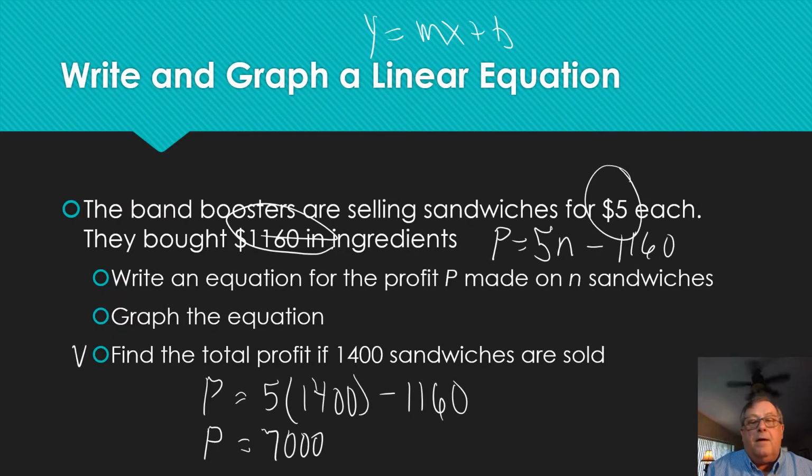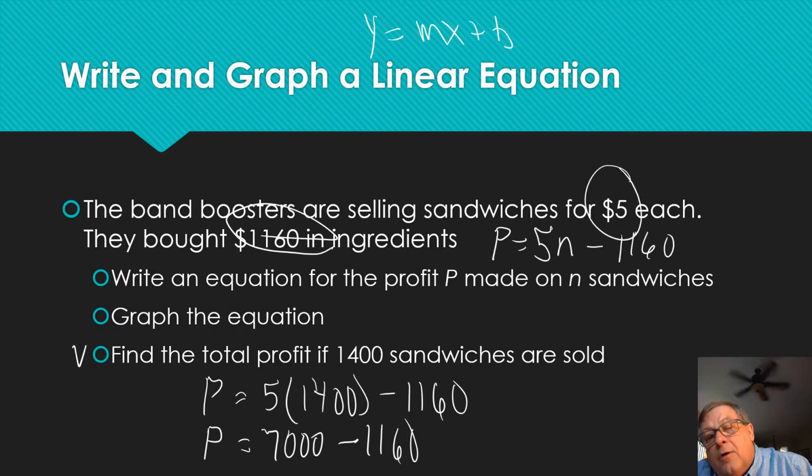Let me verify that with the calculator just to make sure. Let's see, 5 times 1,400, yep, that's 7,000, less the expenses of 1,160. And so what's my profit? So I've got 7,000 less 1,160. 5,840.